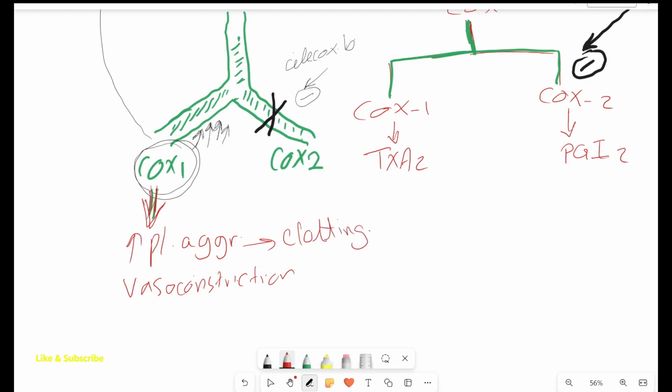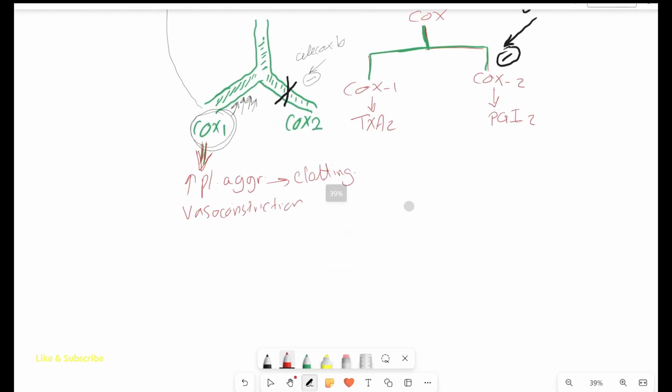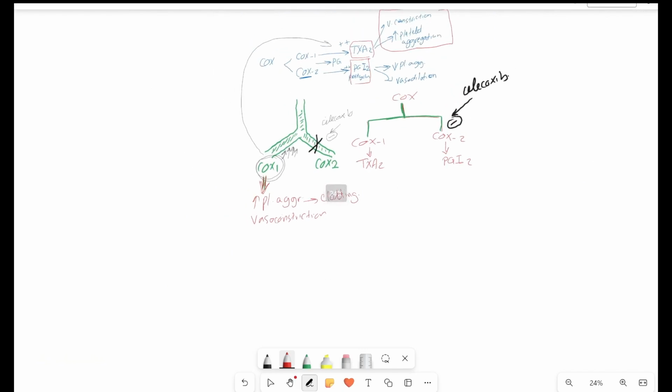So you can imagine now you have a patient, and now we have Celecoxib.